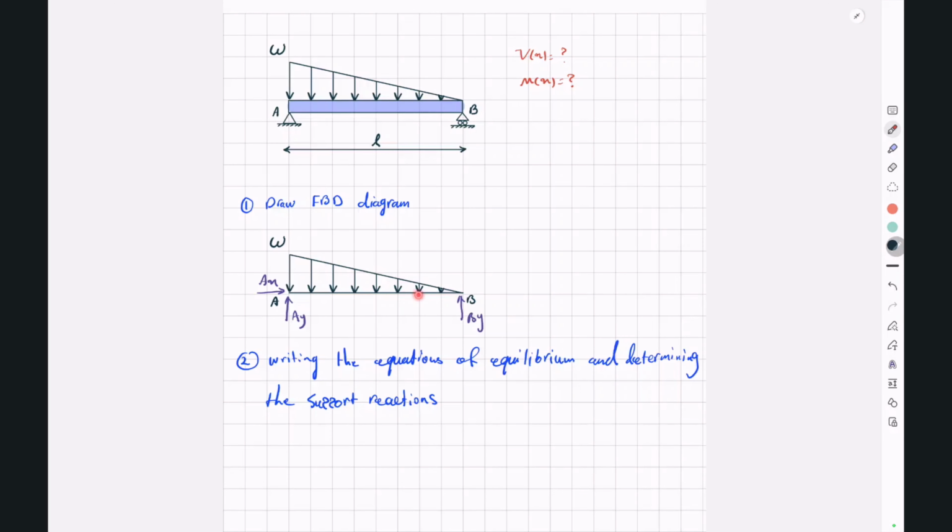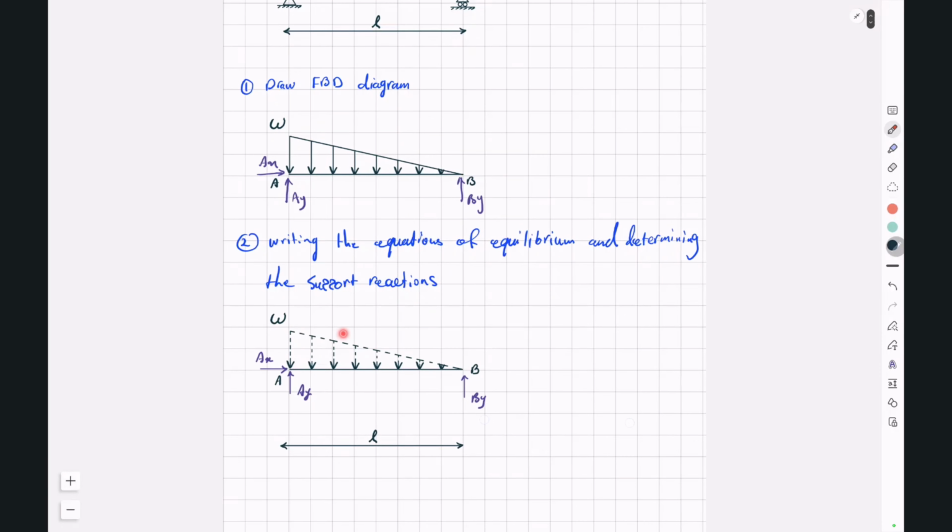Now, since our triangular load's length is L, the resultant force will be applied at a distance L divided by 3 from the larger end of the load. So we had a resultant force with a magnitude of WL divided by 2 applied at a distance of L divided by 3 from the larger end of the load.